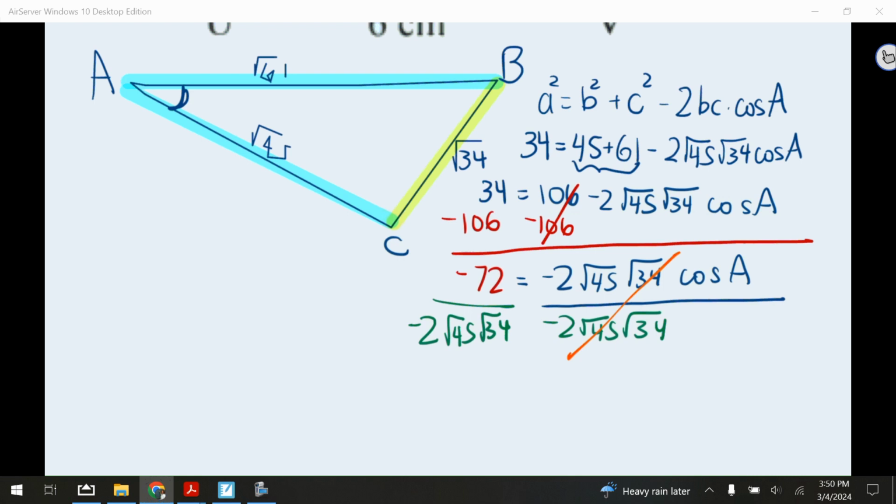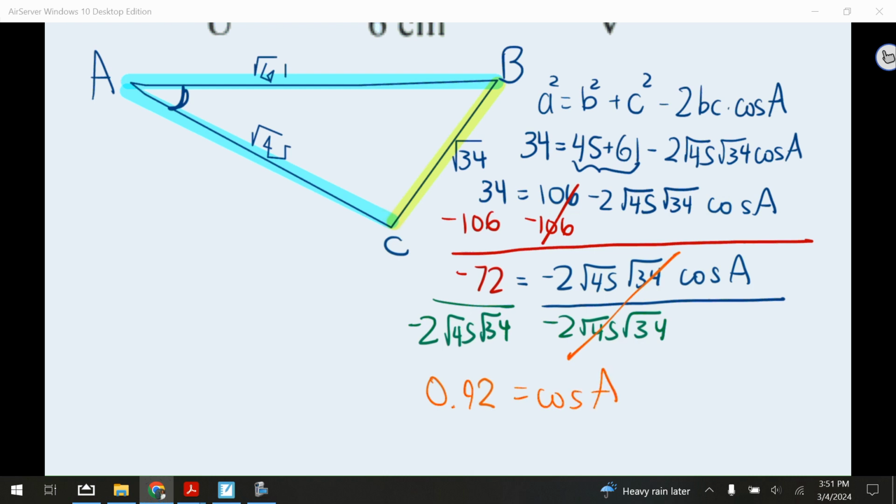And I'm actually going to type in my calculator, hopefully you all are following along, negative 72 divided by, and then I need a parentheses, negative 2 times radical 45 times radical 34. And then I get an answer. I got approximately 0.92, and then it keeps going. I'm going to keep that number in my calculator and then inverse cosine my answer.